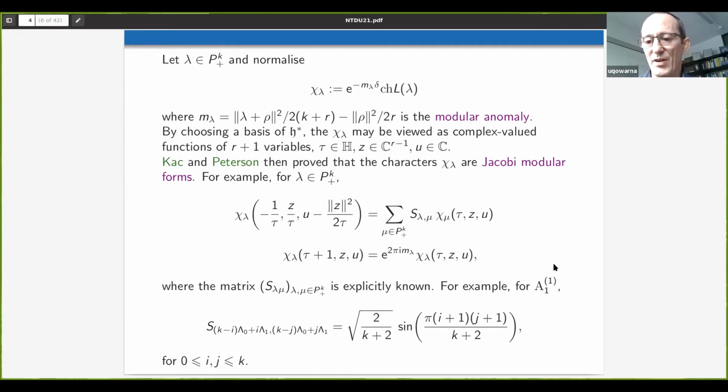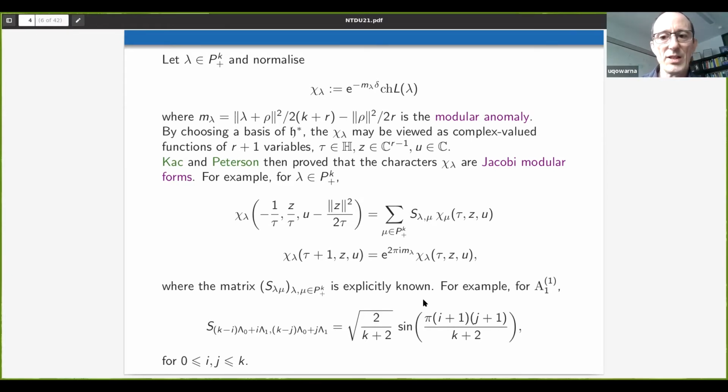So for example, for affine SL2, here I've given you an example of what this modular S matrix looks like. So it's just a matrix with trigonometric entries, for example. Okay, so I guess the bottom line is that if you study characters of infinite dimensional Lie algebras, you naturally end up with functions that have great modular properties.